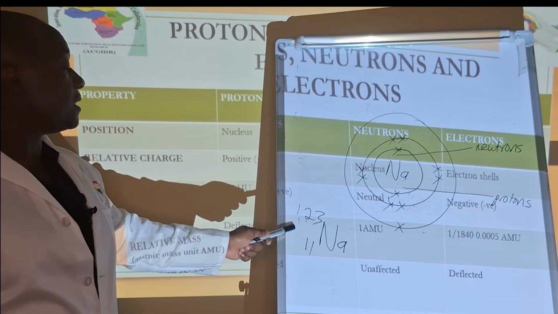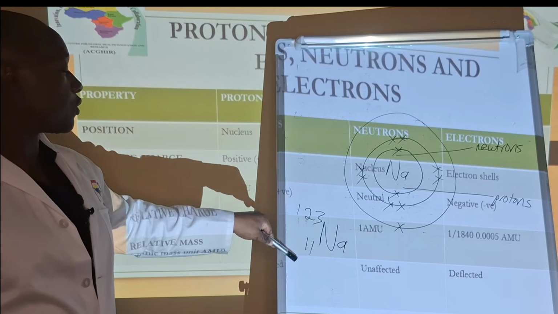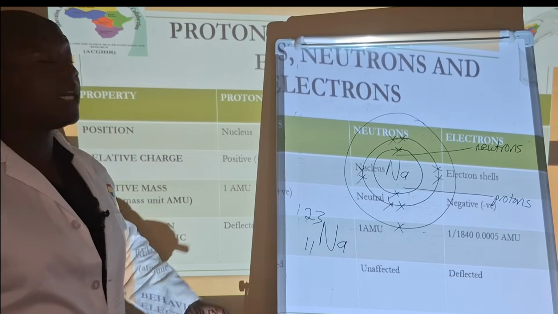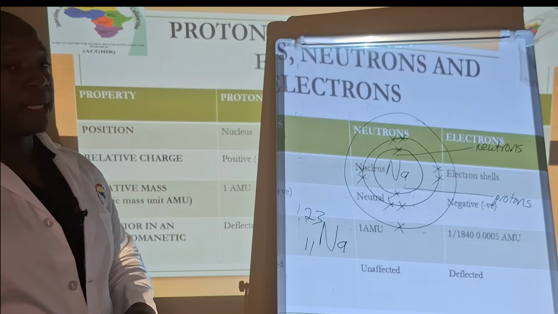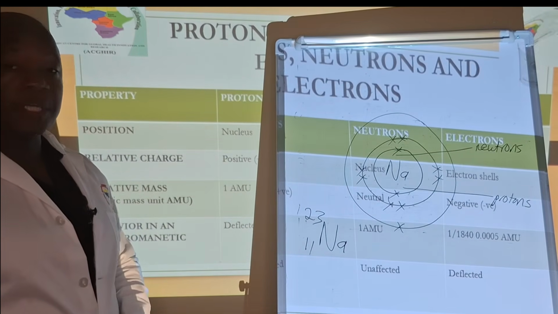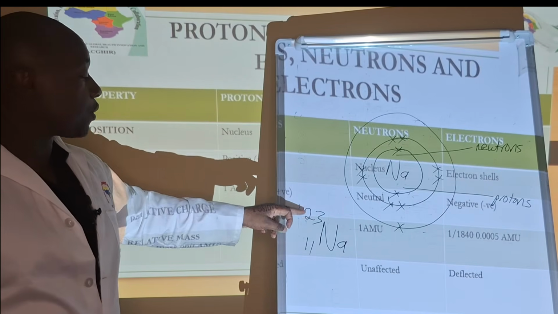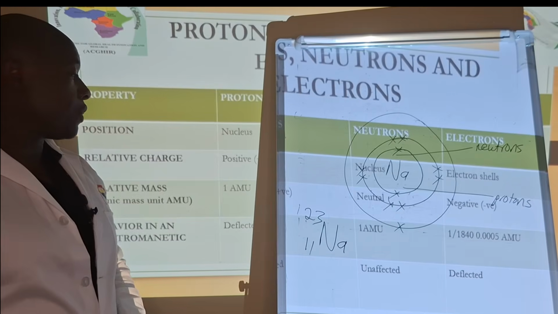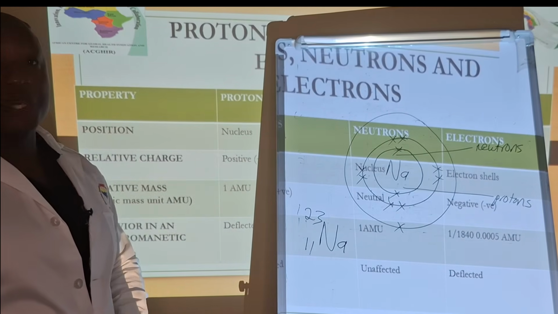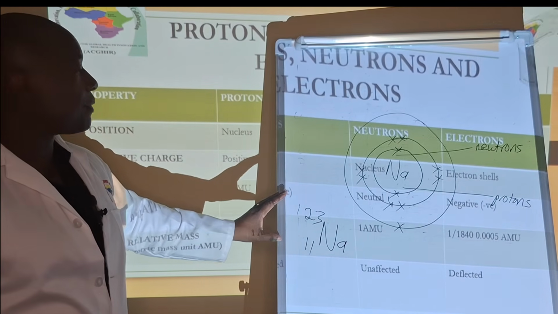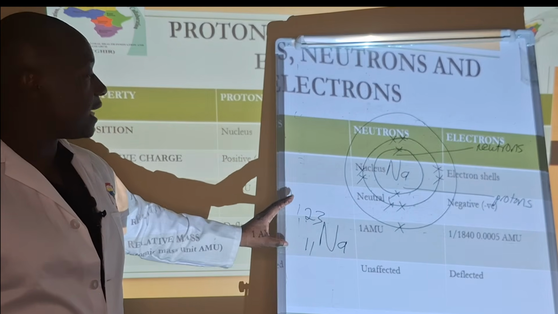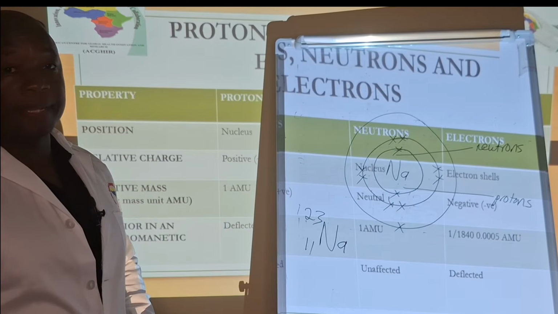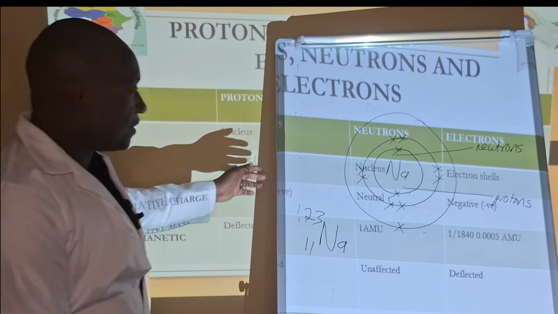The difference between the mass number and the atomic number gives us the number of neutrons. So the number of neutrons in sodium is 23 minus 11, which is 12 neutrons. This is the notation we use when representing elements in terms of their mass number and atomic number.